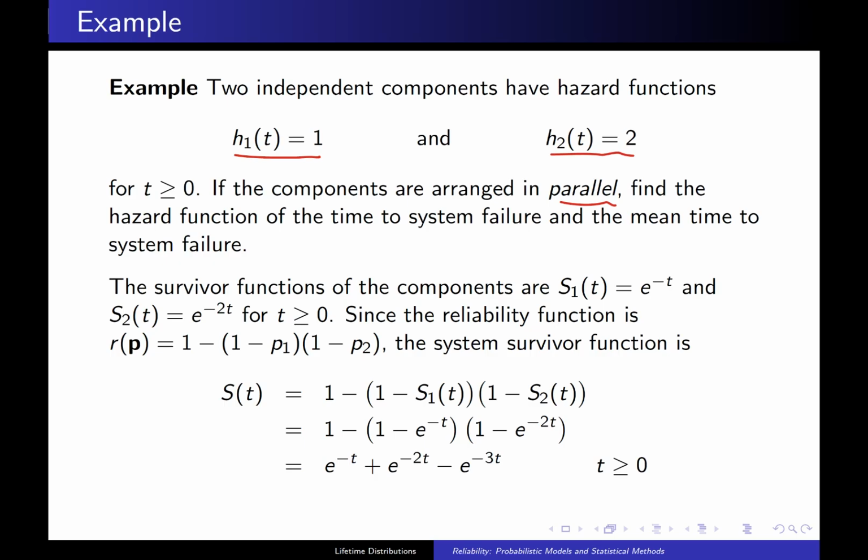And so the system will look like this. Two components placed in parallel.